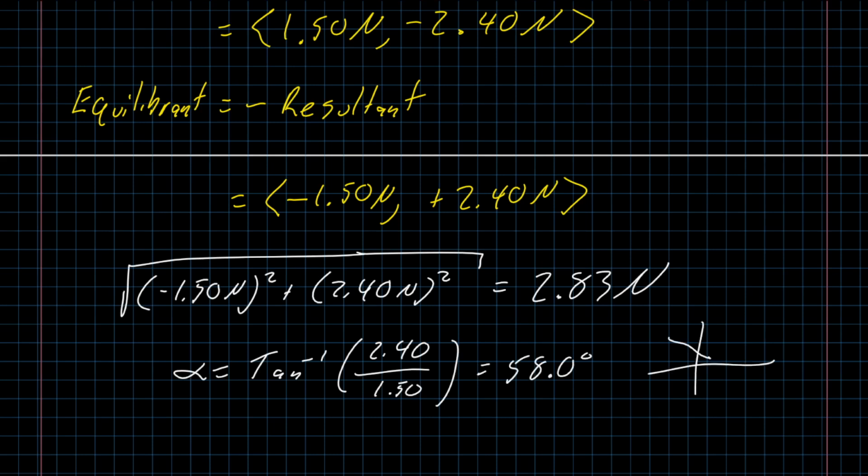But then remember that that's this angle. And in standard position, what we really want is this angle, which is going to be 180 minus 58, which comes out at 122 degrees.